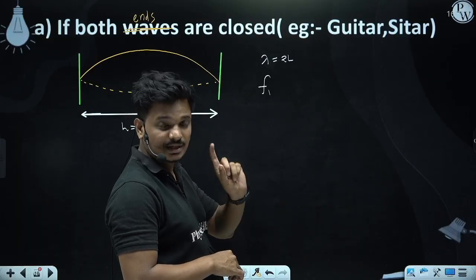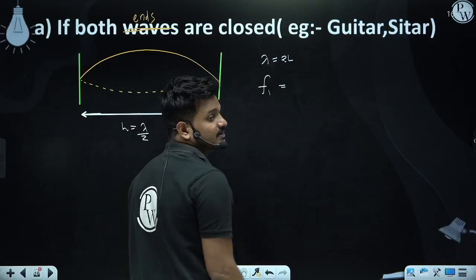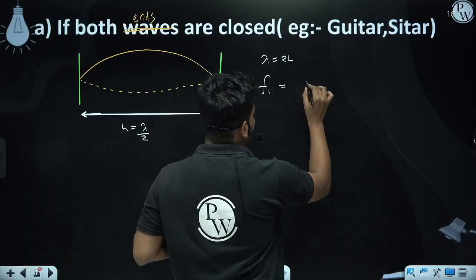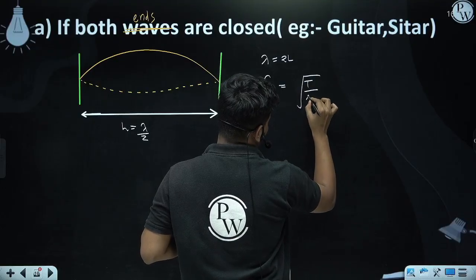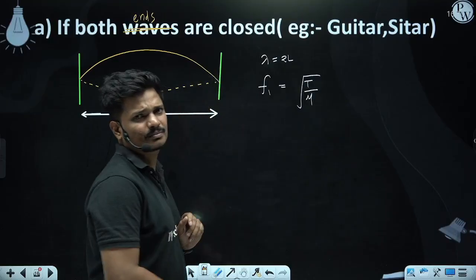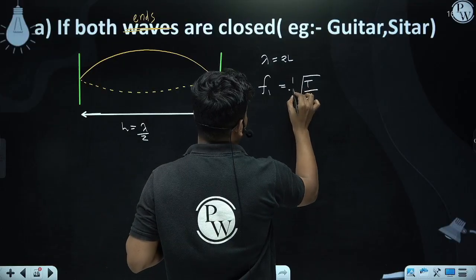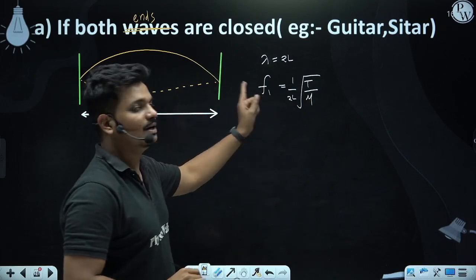At that time you hear some sound. So that F1 is actually what? That is the velocity of the string divided by lambda. What is the velocity of string? That is root of tension by mu. What is mu? Linear mass density, into 1 by lambda. What is 1 by lambda? 1 by 2L. So what is F1 known as?